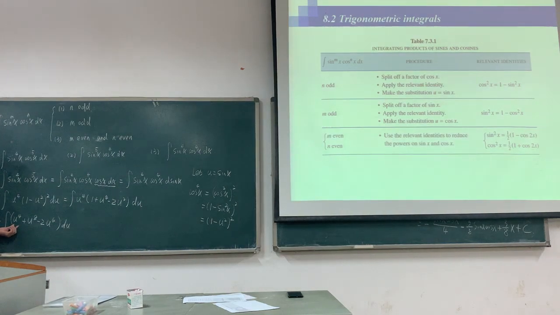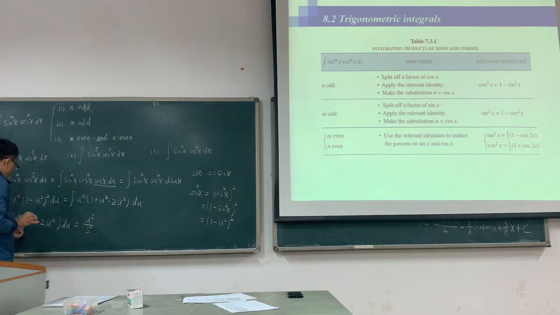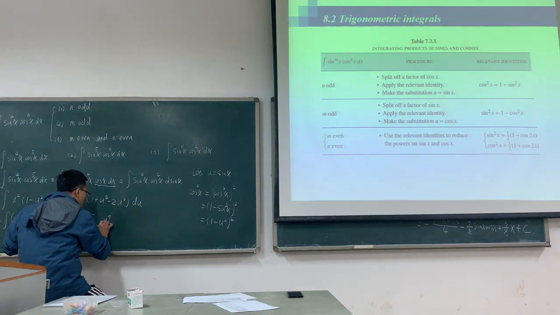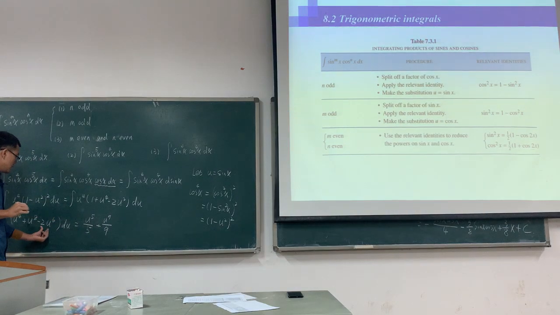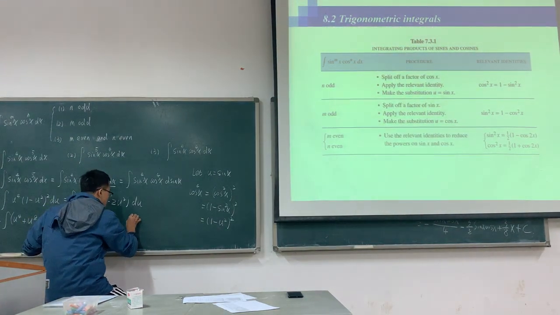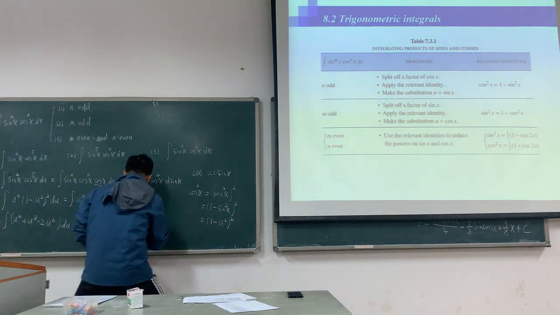The antiderivative of u to the 4th power is u to the 5th power by 5, u to the 8th power gives u to the 9th power by 9, and minus u to the 7th power by 7 for the u to the 6th power term, plus a constant c.